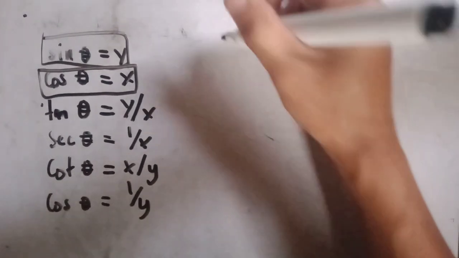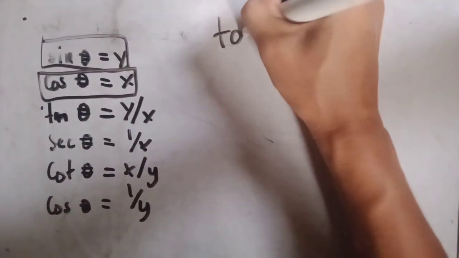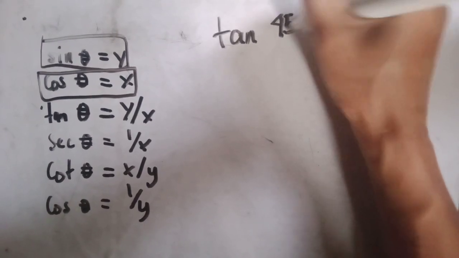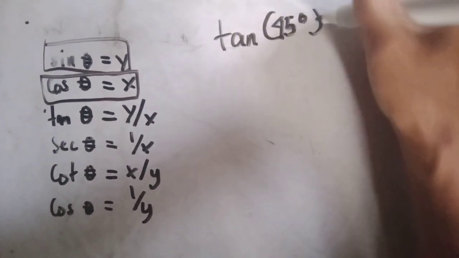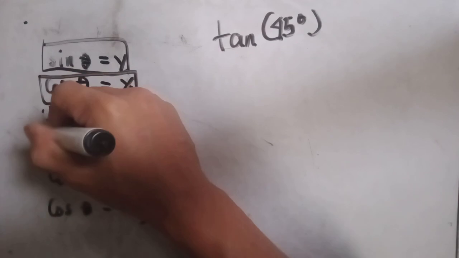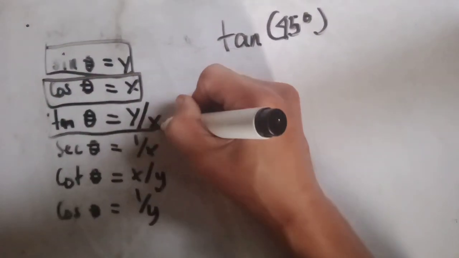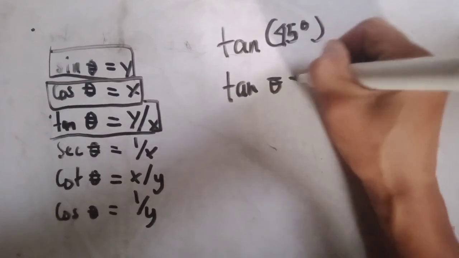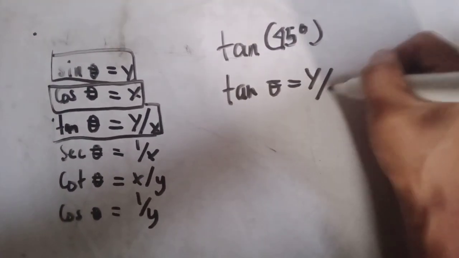Then lastly, we will try to find the value of tangent of 45 degrees. So in order to find the tangent of 45 degrees, we will use this one. So tan theta is equal to y over x.